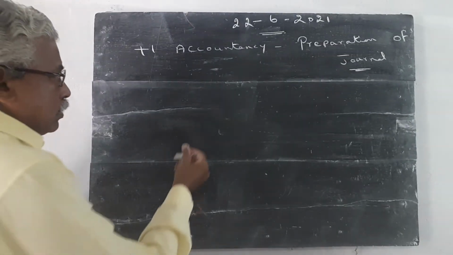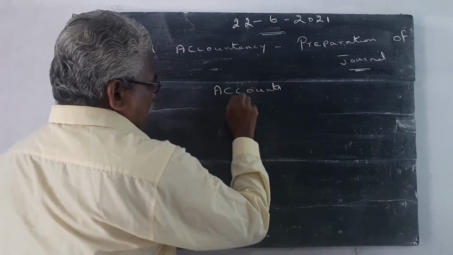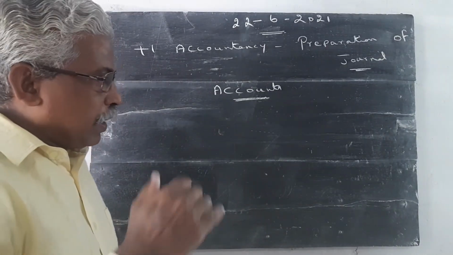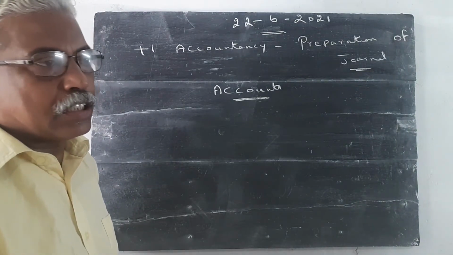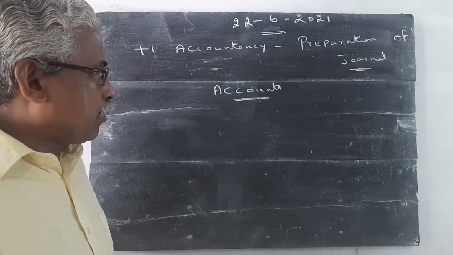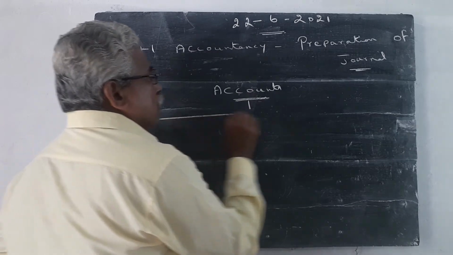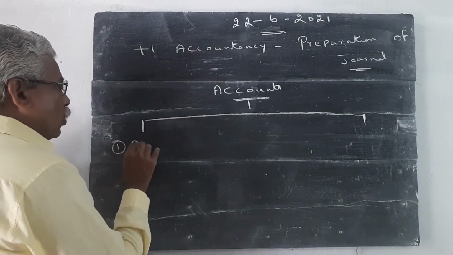The accounts are classified into three types. In our textbook, only two types are given, personal account and impersonal account, but impersonal consists of two accounts. In the theory portion you will study that manner. Now we study that the accounts are classified into three types. Number one, personal account.